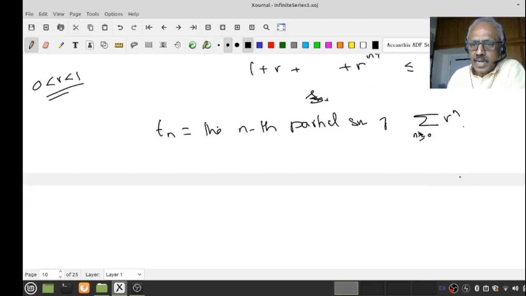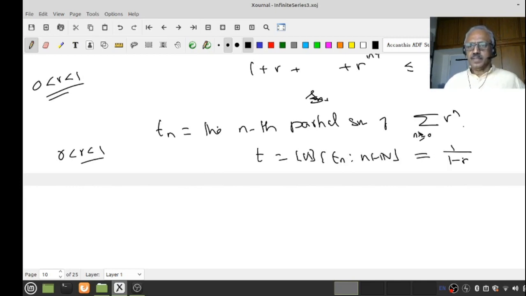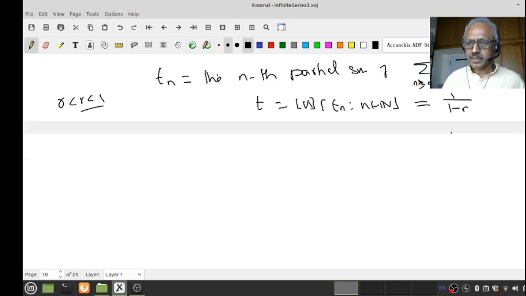And remember, when r is less than 1, this is convergent. And what is T? T is the LUB of Tn. That we know is 1 by 1 minus r. Therefore, if r is less than 1, Tn is less than or equal to 1 by 1 minus r.